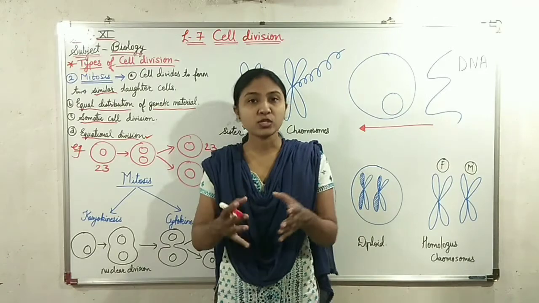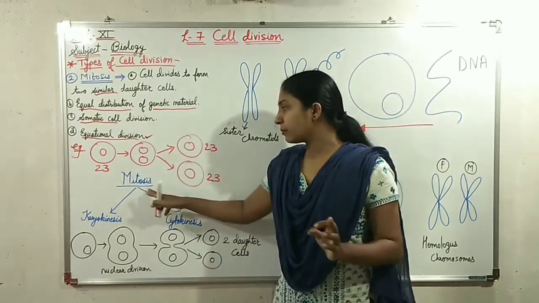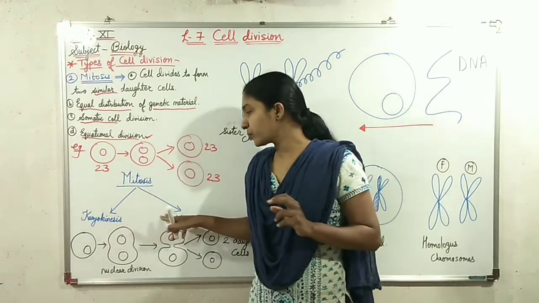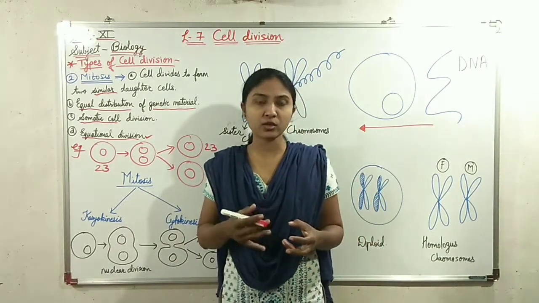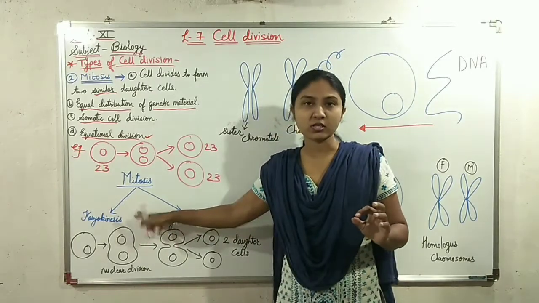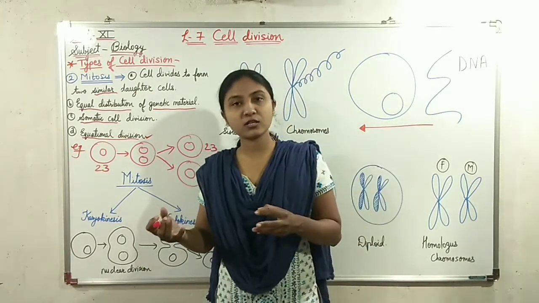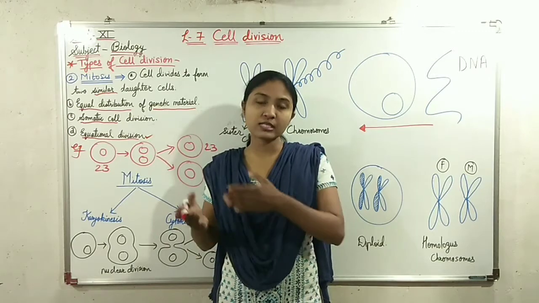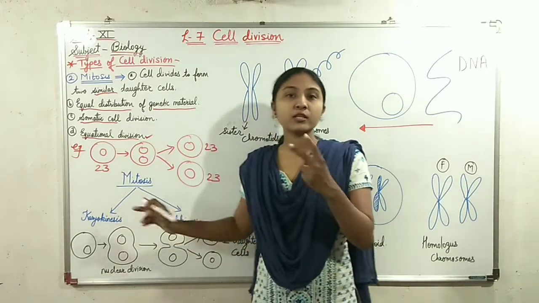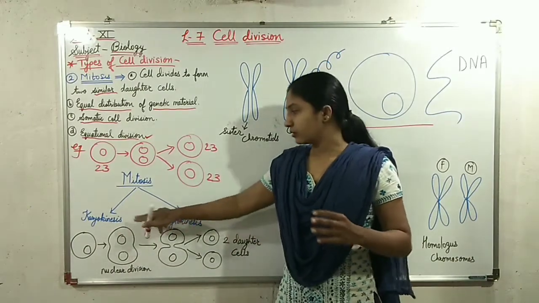Now the division of mitosis occurs in two types of processes. Generally, cell division occurs in two processes, that is karyokinesis and cytokinesis. Here also these two processes are seen.